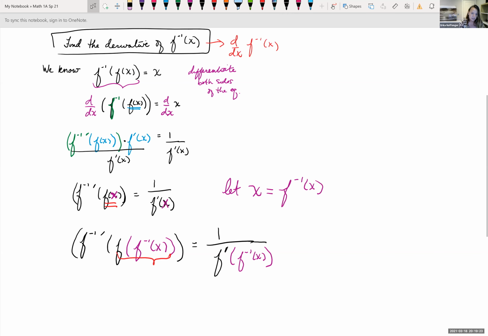And the inverse function, the input-output, it's going to be flopped, but it's also going to be continuous. And so this right here, the derivative of f inverse of x, is equal to, and now we just found the formula, 1 over the derivative of our original function, plugging in the inverse function of x.